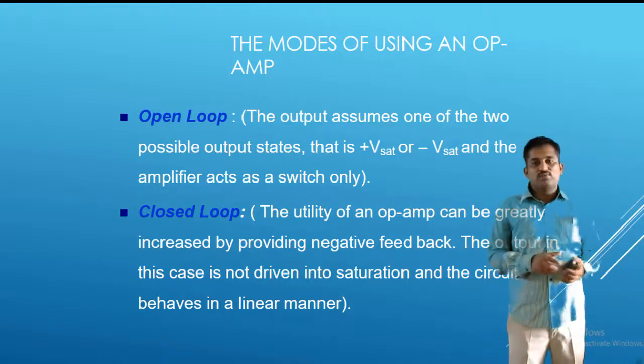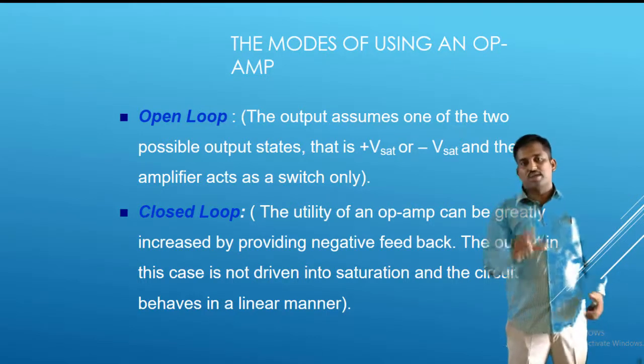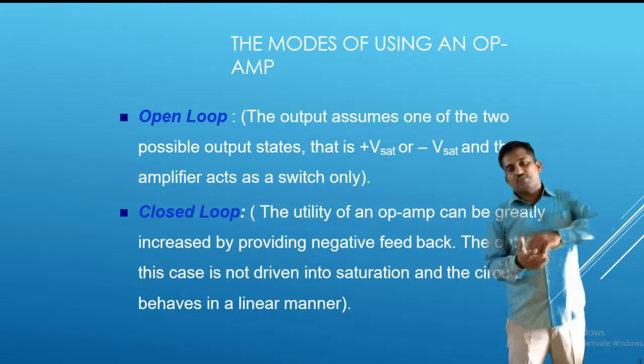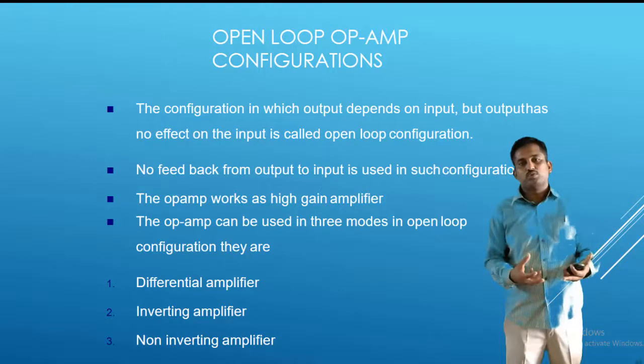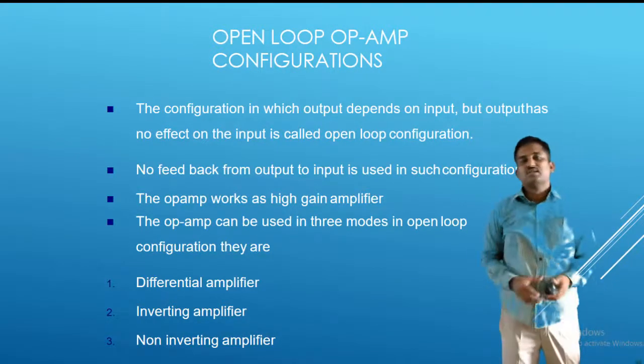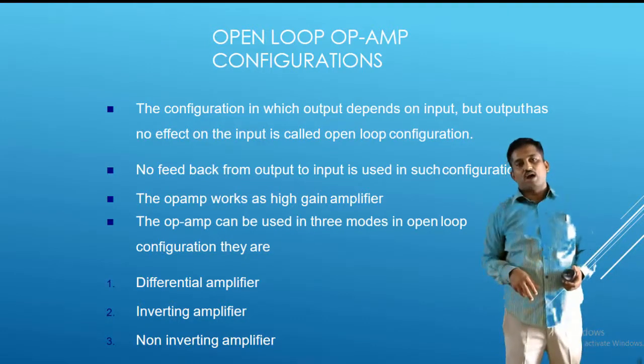So even for a small amount of input applied at the input terminals, because of the noise and because of high gain, those noise input voltages are also amplified and generate the output as saturation voltages. That's why we do not consider the op-amp in open loop configurations.